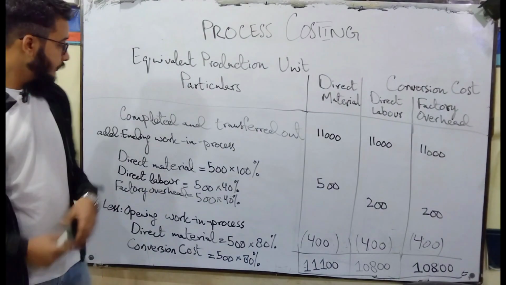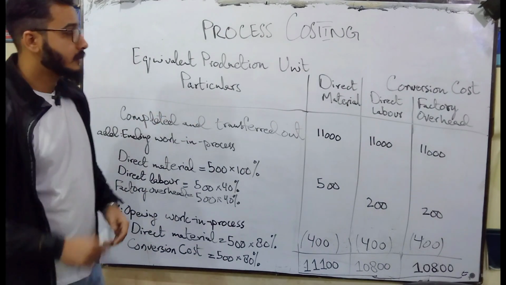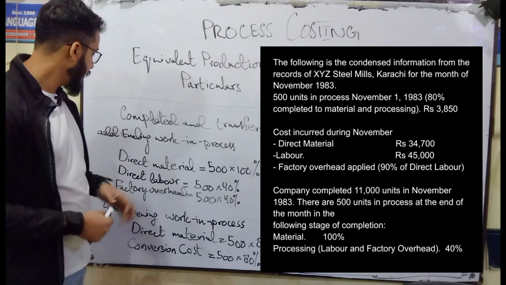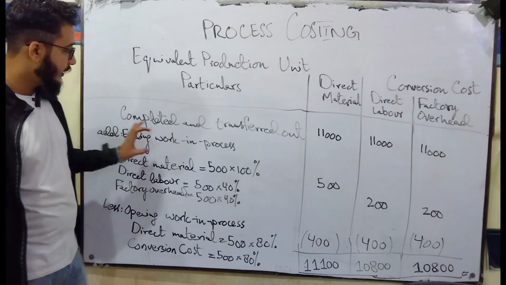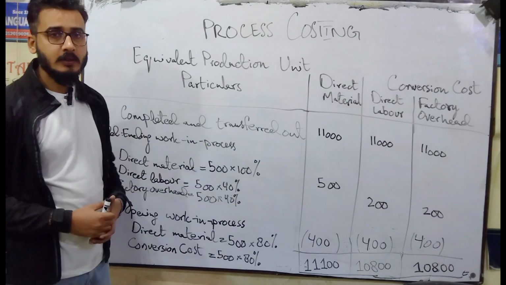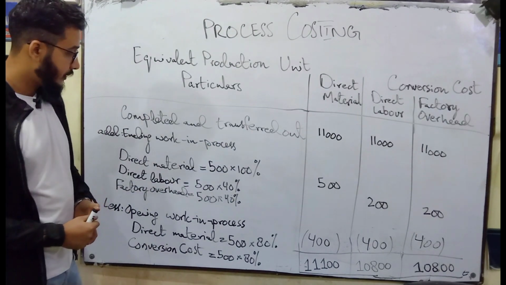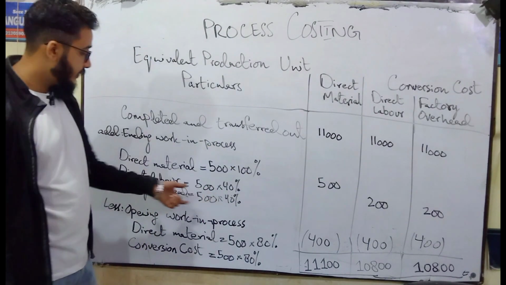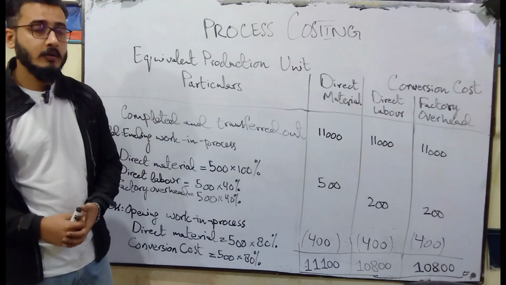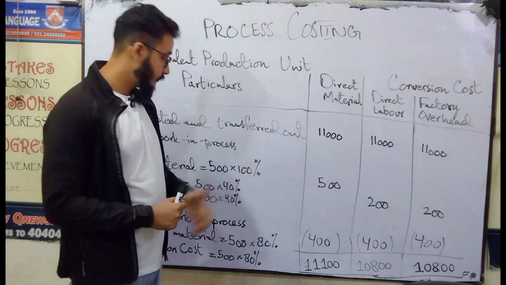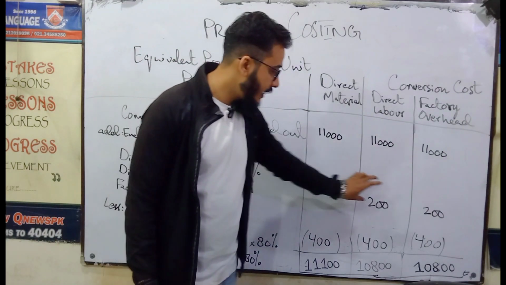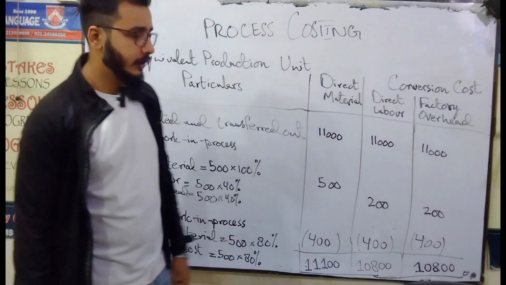Okay, now we have completed units transferred out, 11,000, as you can see in the question. Then we have ending work in process, which is 100% completed as per direct material and 40% as per the conversion cost. What were the units of ending work in process? They were 500. So we have written 500 and 200 here.